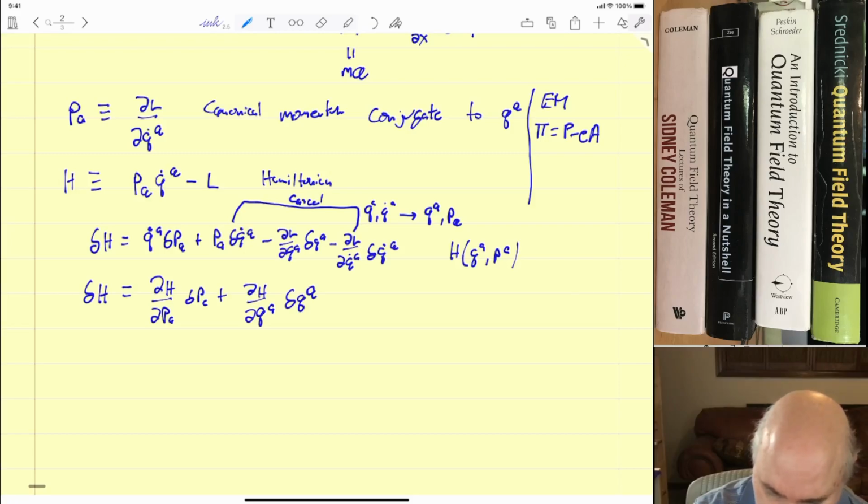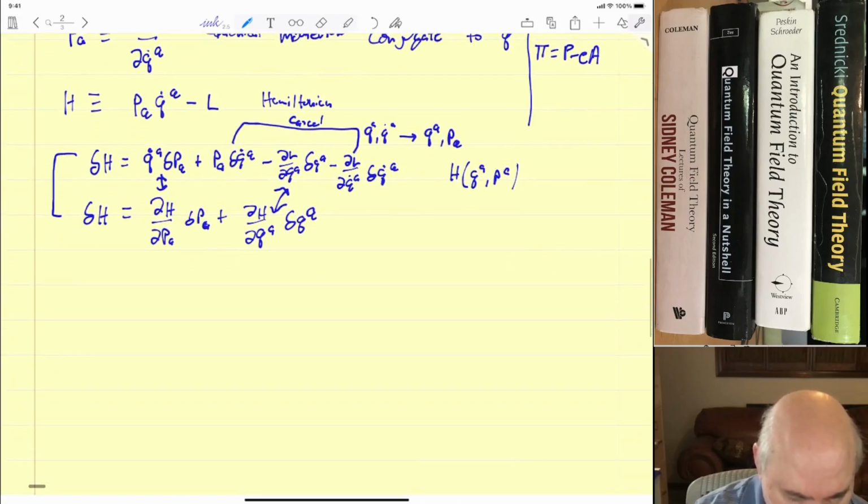Okay. So now equating these two expressions, we can see that this has to be equal to that, and this has to be equal to that. So we get Hamilton's equations of motion.